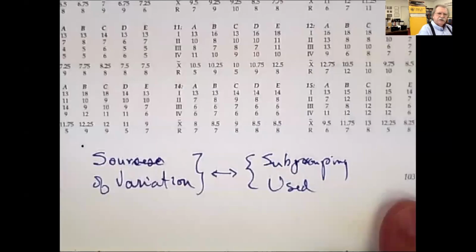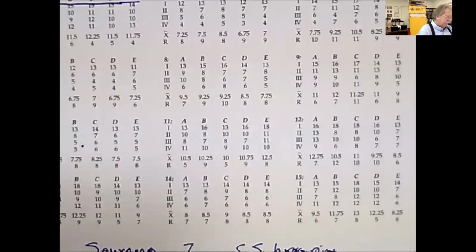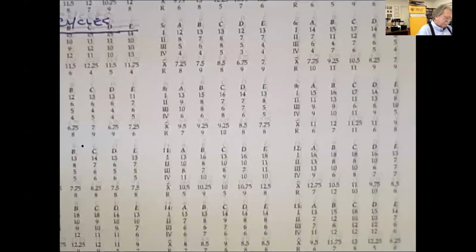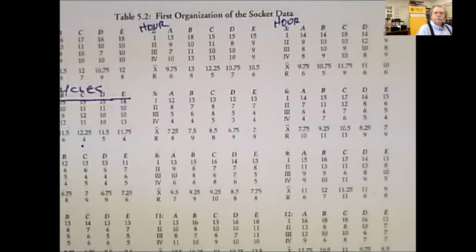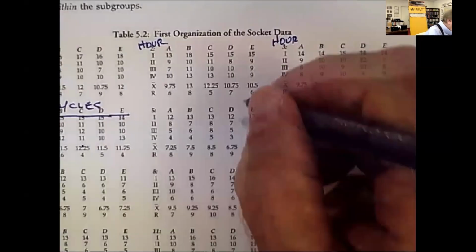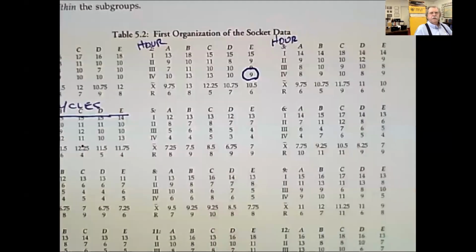So we're going to practice this a little bit. Tell me about the context for this number. Hour 2, cycle E, cavity 4.